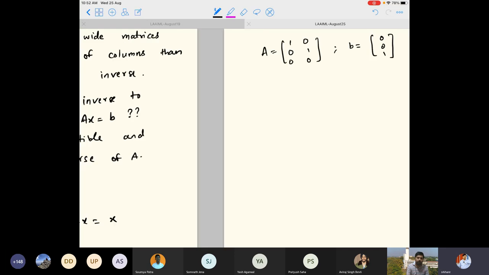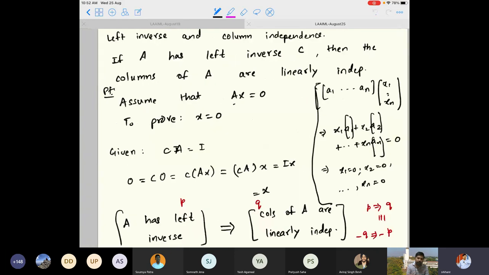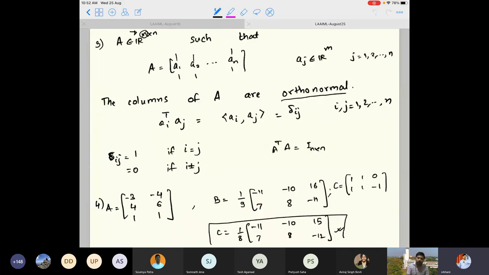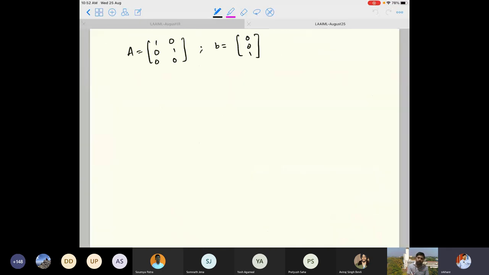We have already seen in this example, if the columns are orthogonal, then one candidate of left inverse is A transpose, right? So A transpose A is actually equal to the 2 by 2 identity matrix. So A transpose is a left inverse. Is that right?